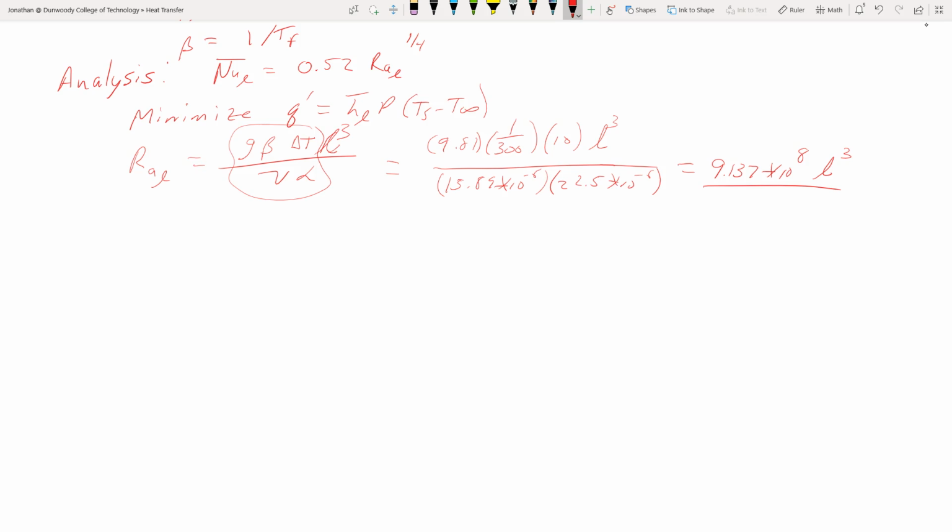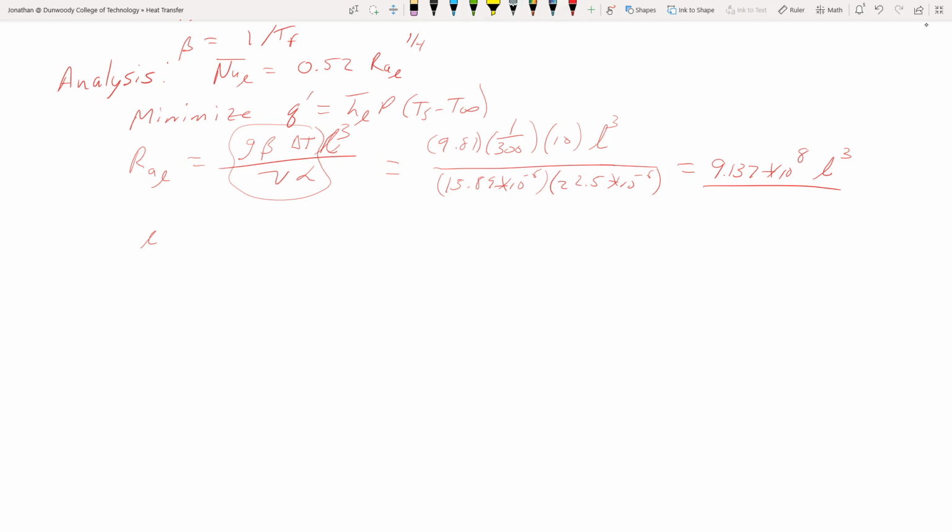H bar then equals the Nusselt number, right, times K divided by L times our Rayleigh. Sorry, I got that mixed up a little bit here.